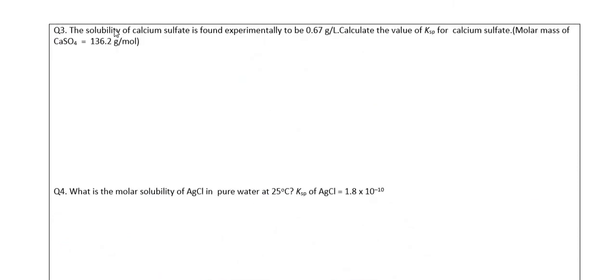Question number 3. The solubility of calcium sulfate is found experimentally to be 0.67 gram per liter. Calculate the Ksp for calcium sulfate. Again, you want to calculate Ksp, that means no need for an ICE table.